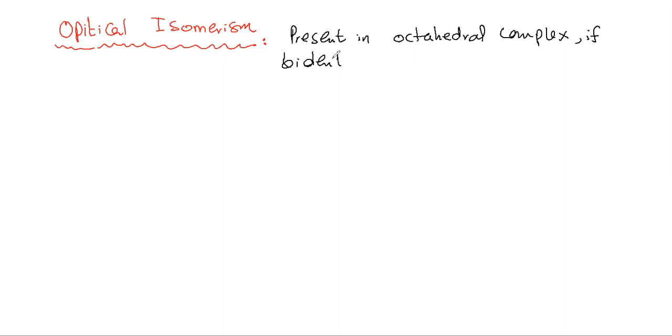If bidentate ligands are present. At least two bidentate ligands are required for an octahedral complex to show optical isomerism.